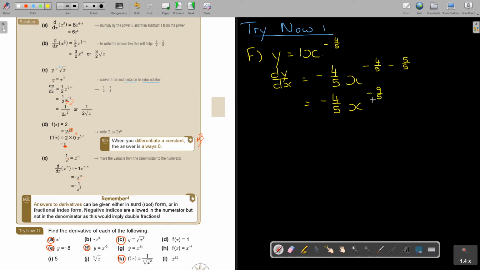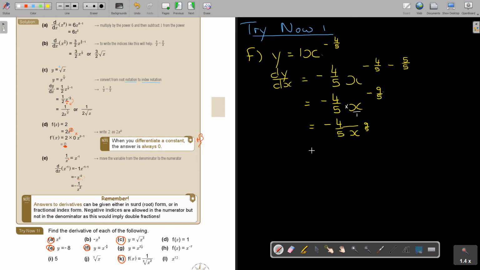Okay, now I don't want it negative, I prefer positive. But now it's almost like, and I can just show you here, it's like there's a multiply and this is over 1. So actually this is on top. Now if I want to bring it down, it will end up with the 5. So in this case, bringing it down, it's going to be x to get it positive over 5.